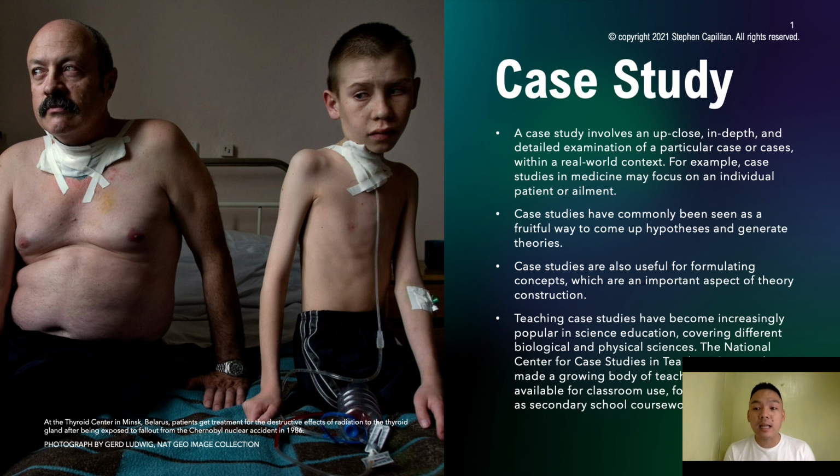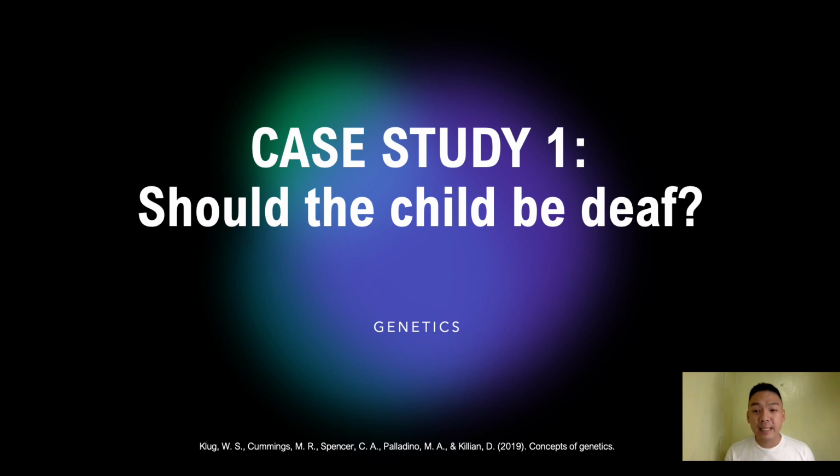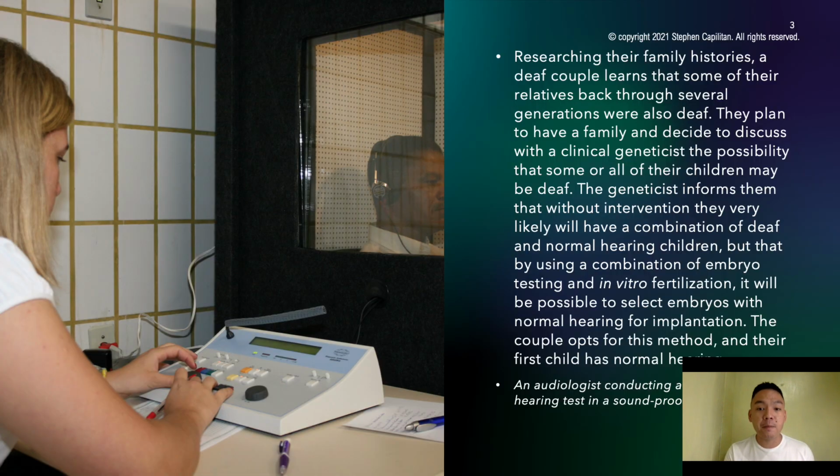The first case study that I'm presenting is: should a child be deaf? This is our first case study in genetics, and I'm going to read the scenario. Researching their family histories, a deaf couple learns that some of their relatives back through several generations were also deaf. They have hearing disabilities. They plan to have a family and decide to discuss with a clinical geneticist the possibility that some or all of their children may be deaf.